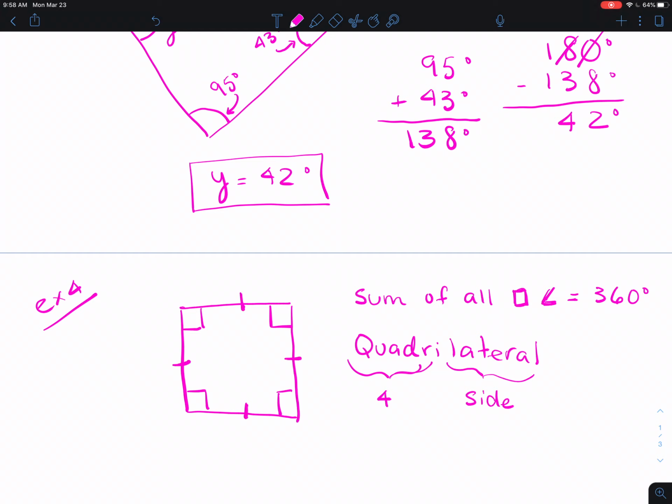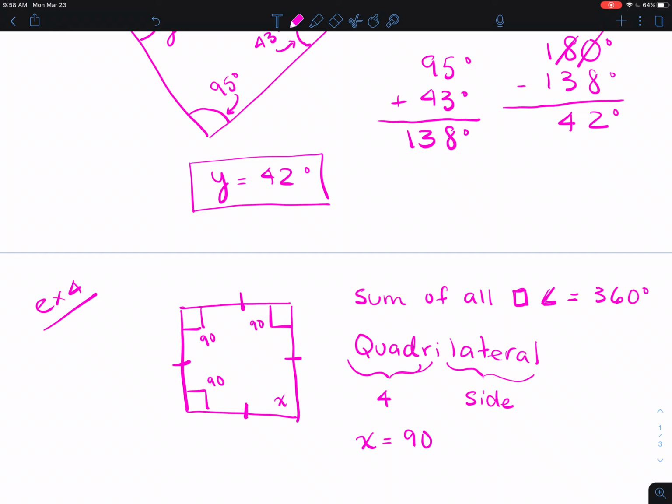So if you want to find one of the angles, pretend that we didn't know what this one was, which we do, but pretend you didn't know what this angle is. But you know this one's 90, 90, and 90. First of all, because it's a quadrilateral, x is going to be 90, obviously.